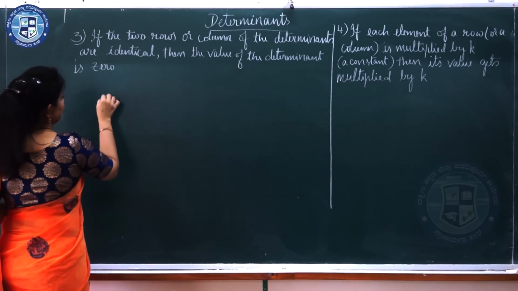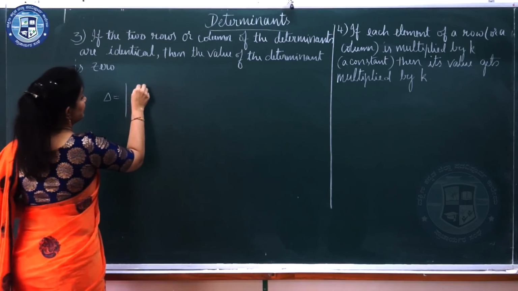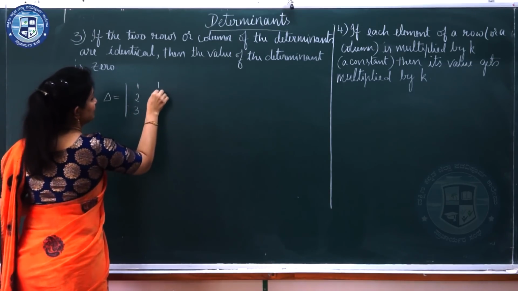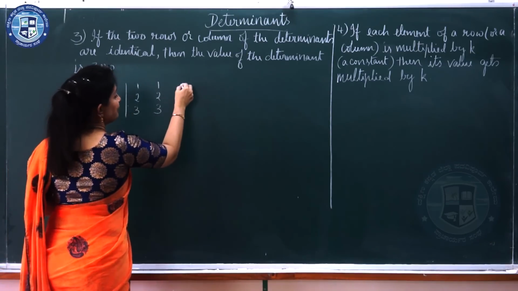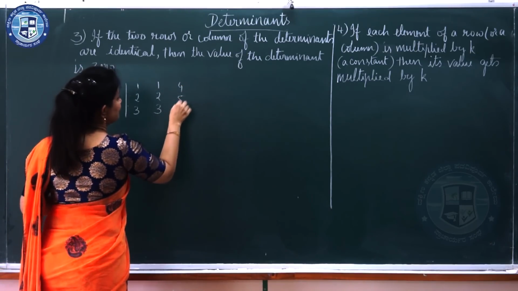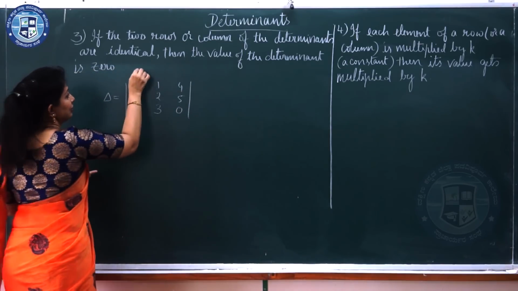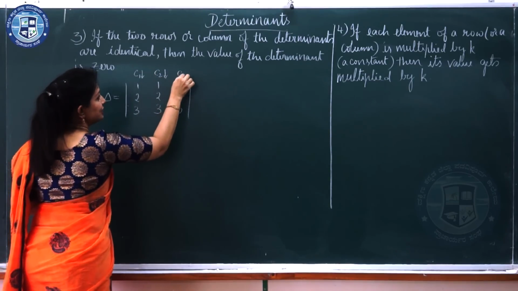For example, if delta is given as some numbers, students: 1, 2, 3, 1, 2, 3. Look at this. This is the first column, second column, and we have the third column, 4, 5, 0. If you observe this determinant, this is column 1, this is column 2, this is column 3.